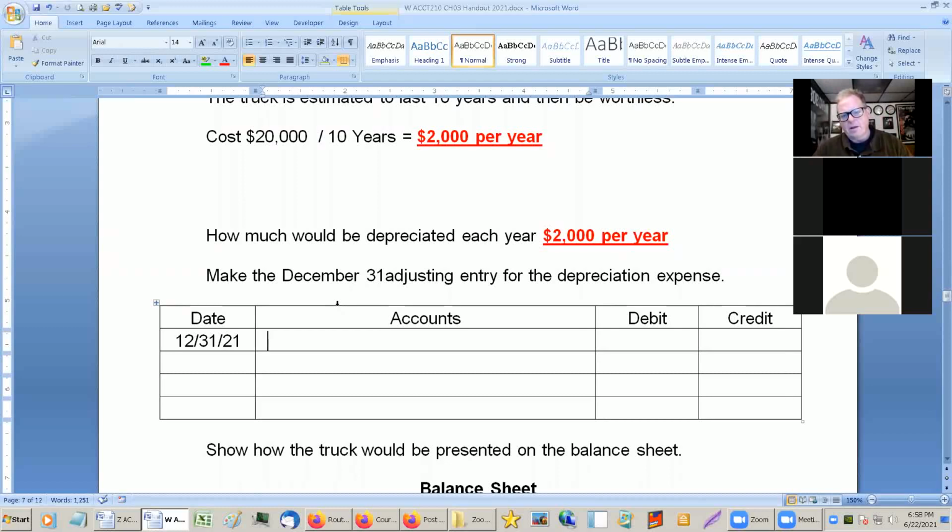And you remember this journal entry, a very morbid acronym, DEAD. At the end of its life, it's dead. So this is depreciation expense and accumulated depreciation.